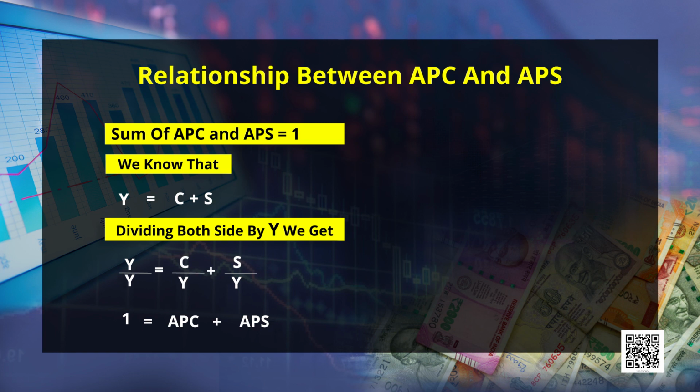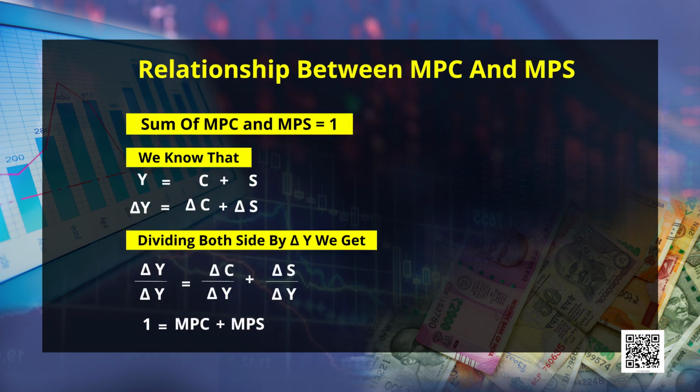Moving this equation forward, we get consumption plus savings equal to income divided by income, and then the remainder is 1. So this sum is always equal to 1. Similarly, MPC and MPS, their sum is also equal to 1. Whenever MPC and MPS are added, their sum will be unity, that is 1.